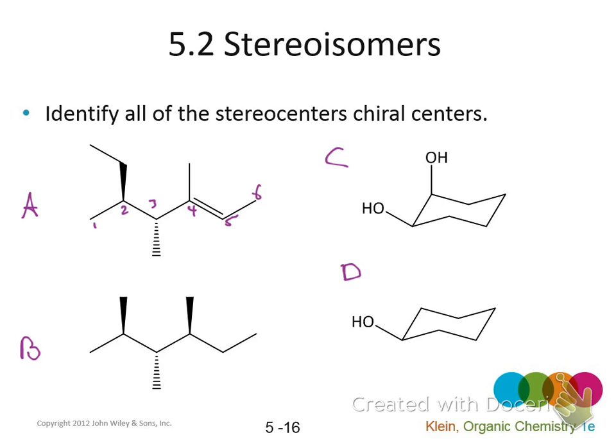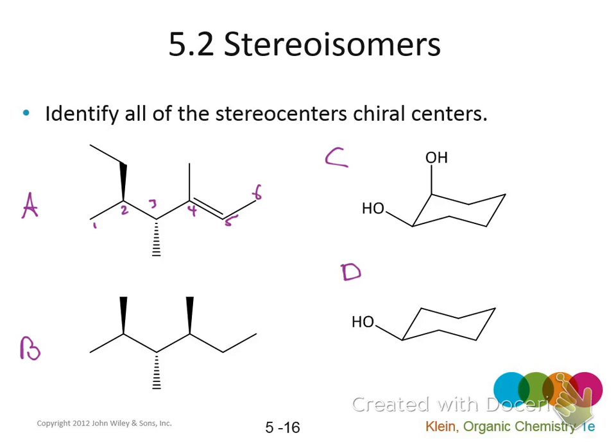So where are my chiral centers on A? 2 and 3, right? And then I have a cis-trans type center between 4 and 5.